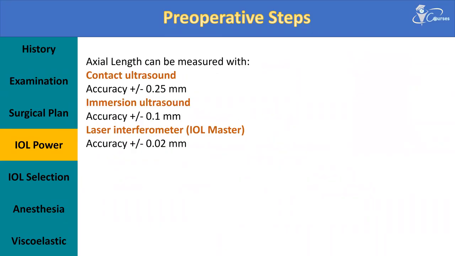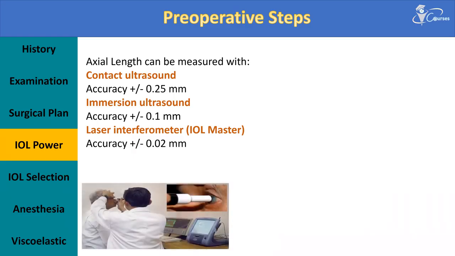How do we measure the axial length? We said that axial length is the most important factor to determine the refractive power of the intraocular lens. It can be measured by several methods, including contact ultrasound. Contact ultrasound is the easiest but the least accurate, because you are indenting the anterior surface of the cornea, causing a hyperopic shift.